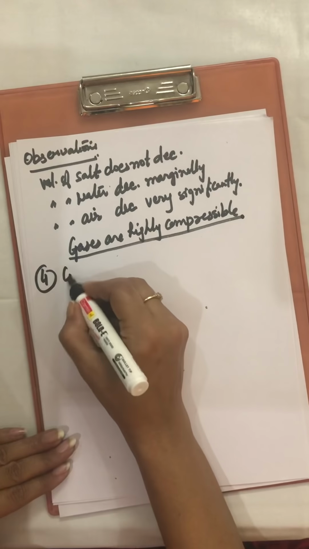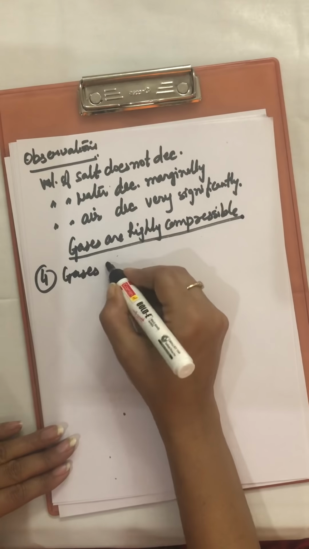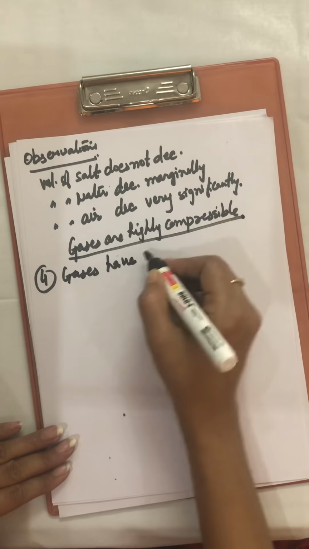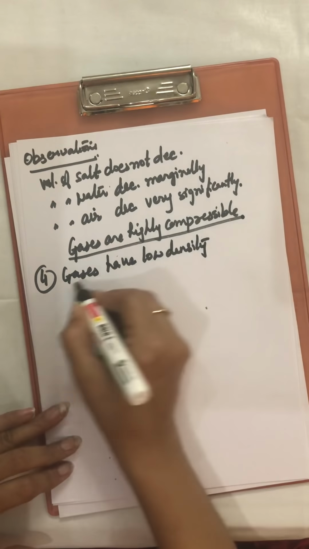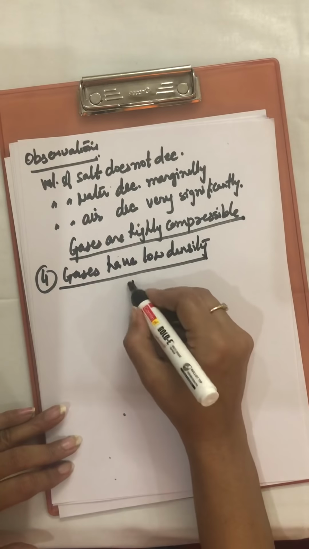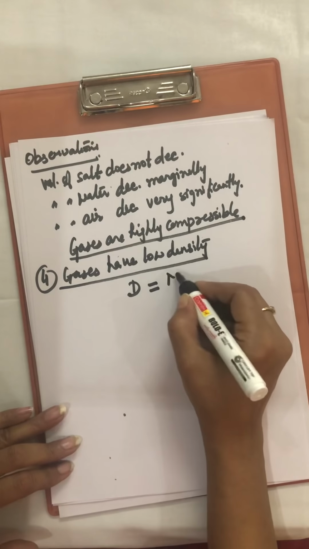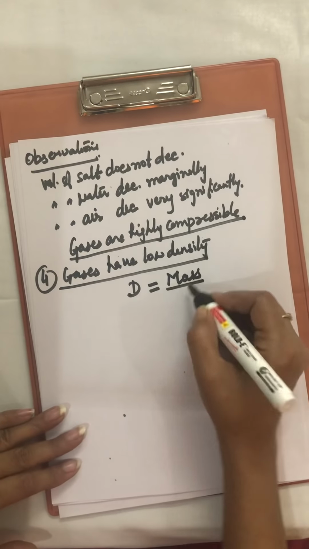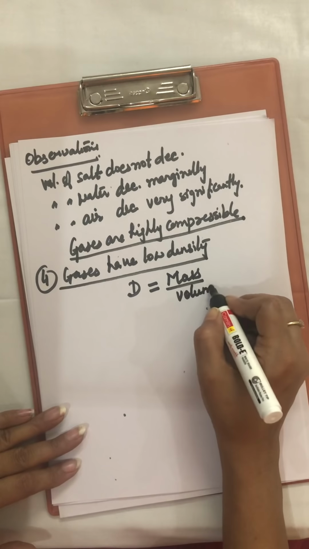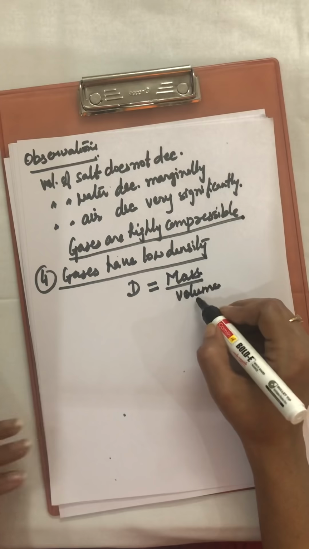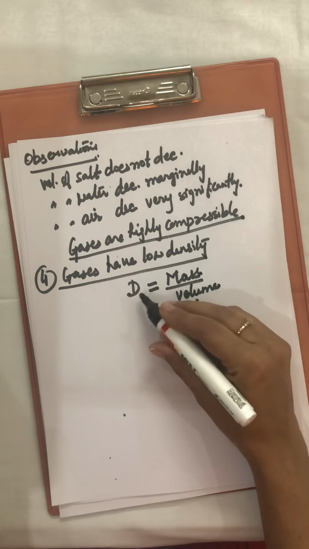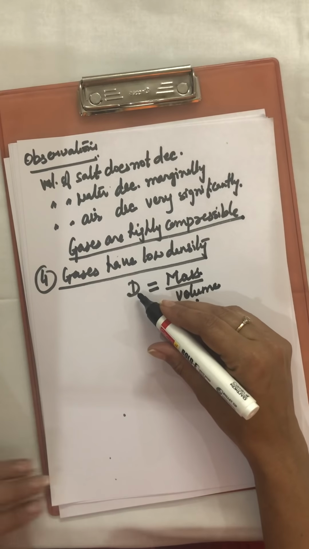Fourth property of gases: gases have low density. Density is equal to mass upon volume. The more mass a thing has per unit volume, the more its density.